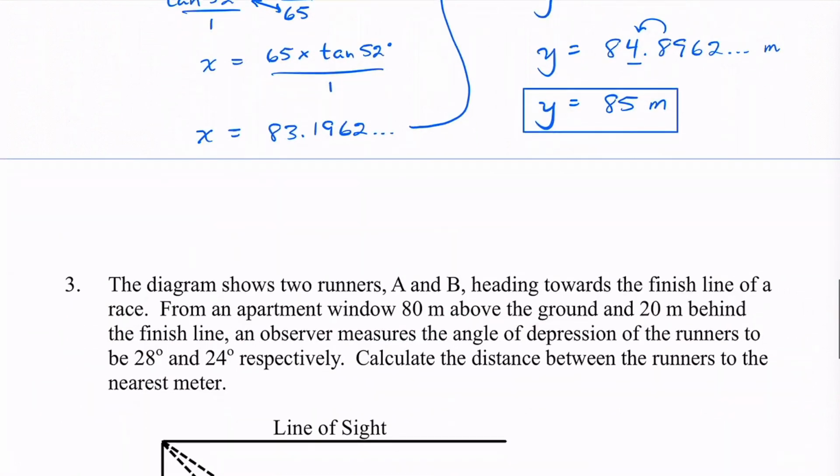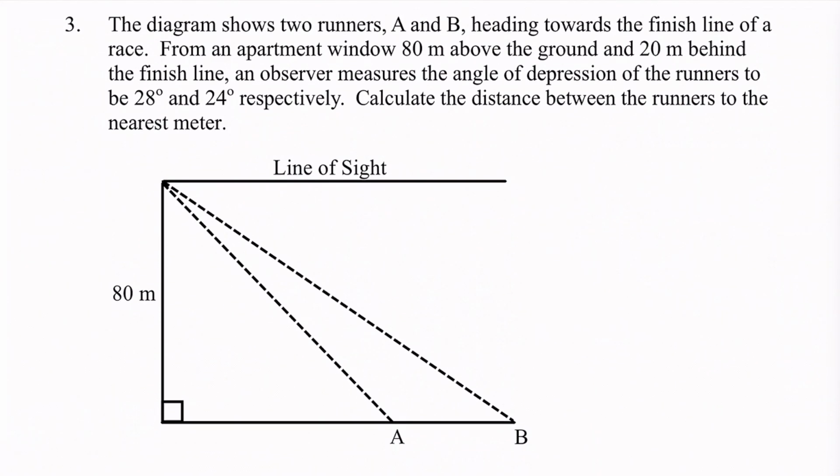On to our last example, number 3 here. This one says the diagram shows two runners, A and B, so I can see those down here. These are runners. They're heading towards the finish line of a race, so they're heading towards this finish line. From an apartment window 80 meters above the ground and 20 meters behind the finish line. So that's going to be this person right here. They are back from the finish line and they are 80 meters up.